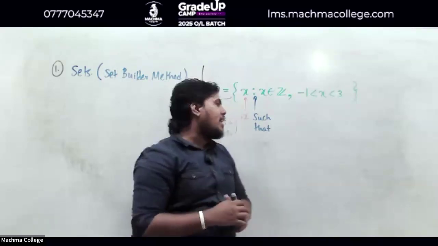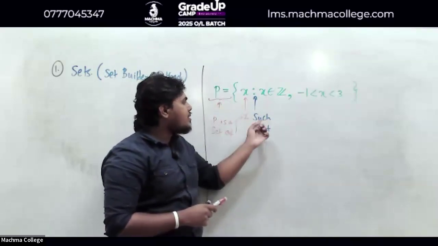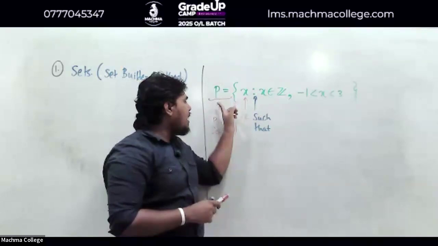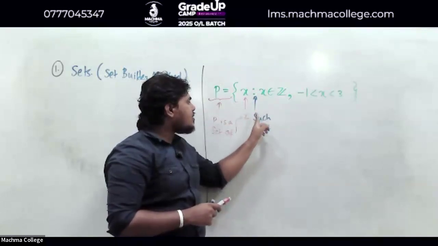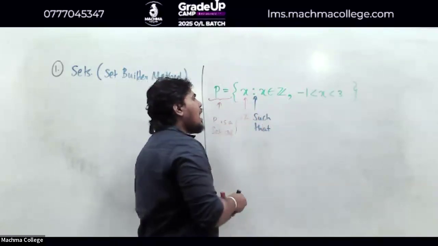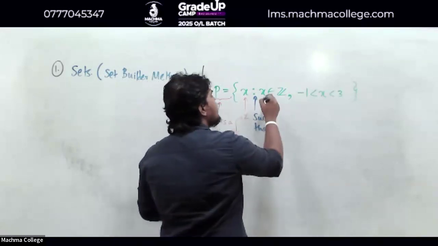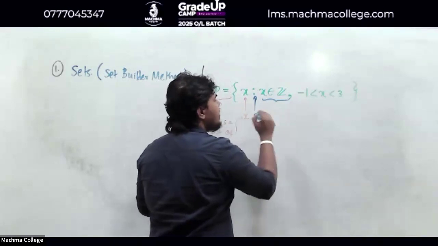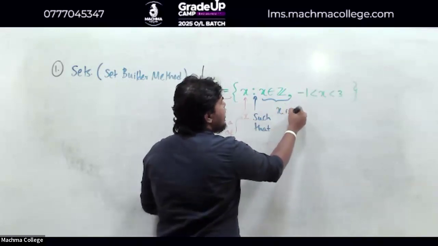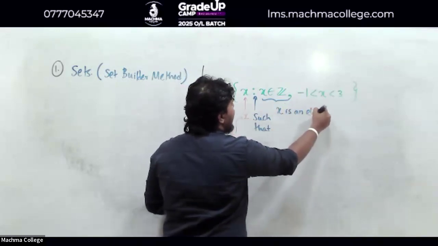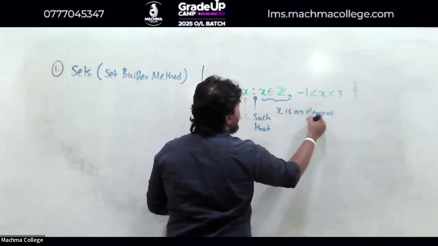They are putting such that, P is a set of x such that. Now they are explaining who x is. Such that says x is an element of.